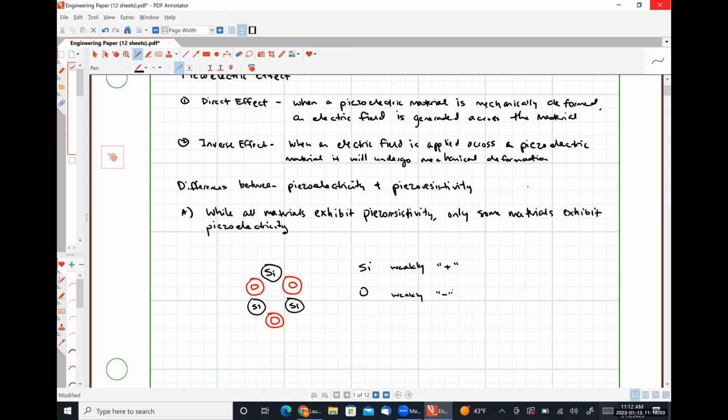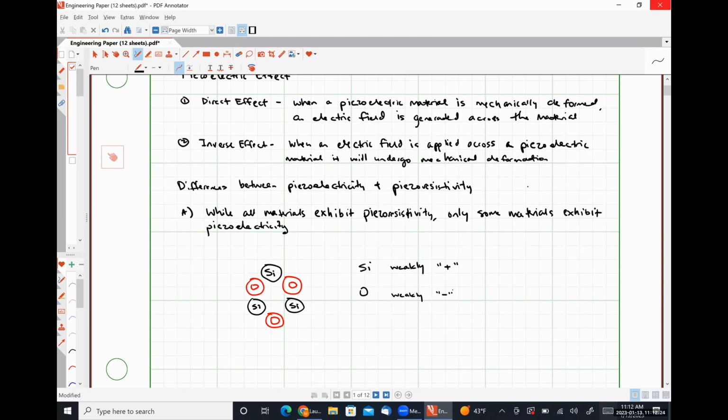So we have polarized bonds where we have some weak positive charge on the silicon atoms and some weak negative charge on the oxygen atoms, okay? So we have a material that contains polarized bonds, which is one of the criteria.